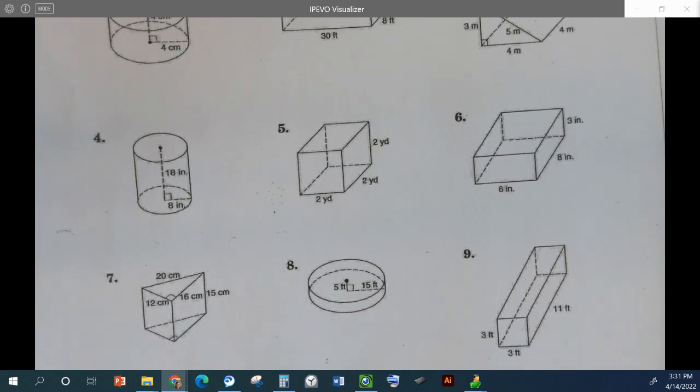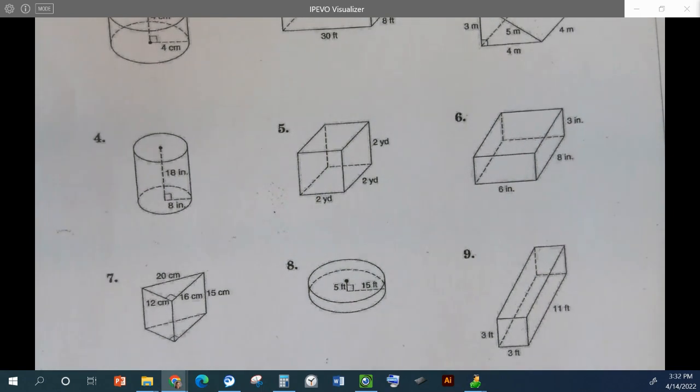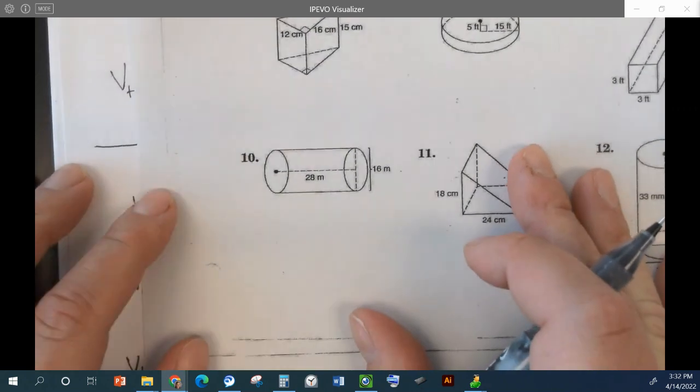So somebody pick us a cylinder to do the volume of. 10? Okay, yep, let's do 10.